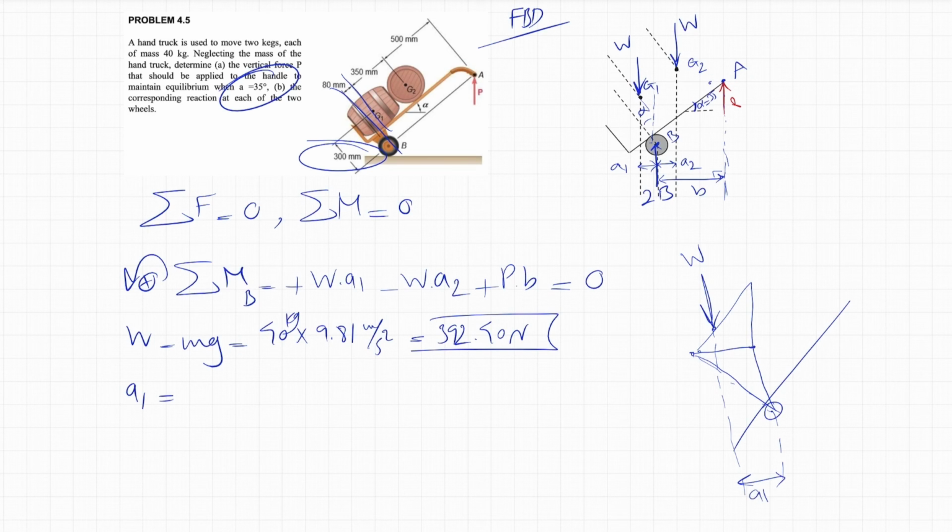If we draw something like this, we can find A1 would be simply what we have in the green part in here, and we also have all the angles. So we have this angle alpha and this angle alpha. From the question, we know this is 300 millimeter, and we have 80 millimeter in here.